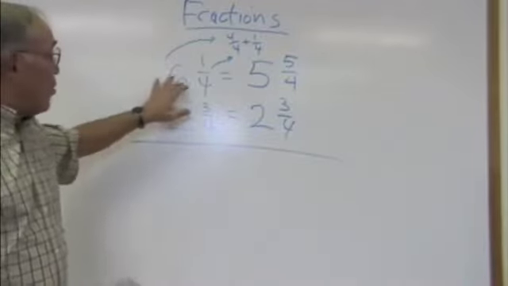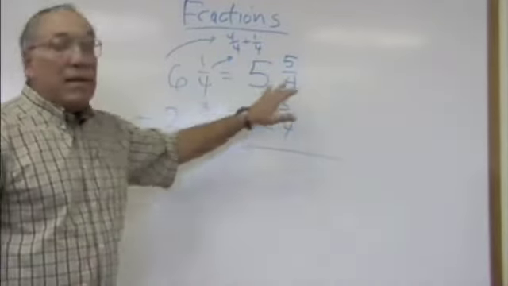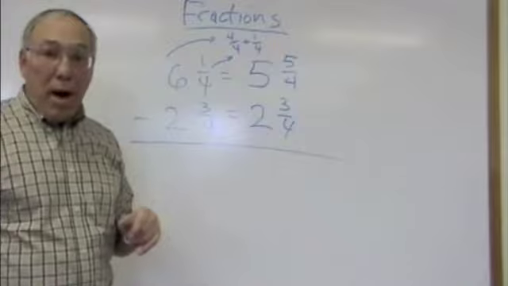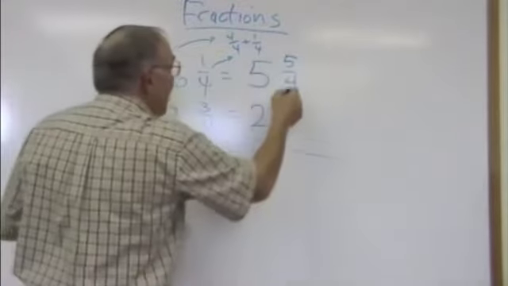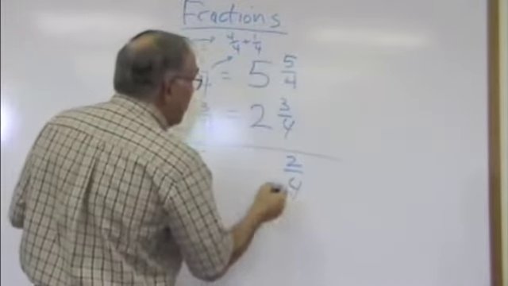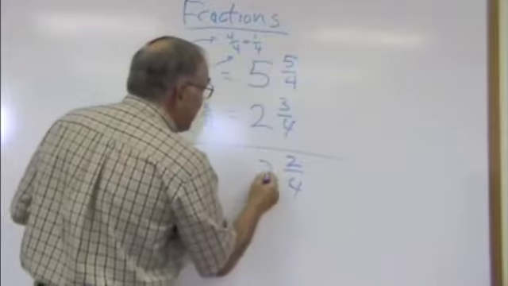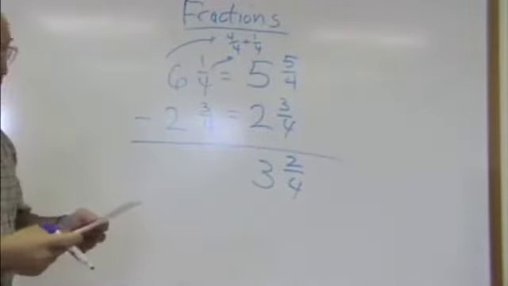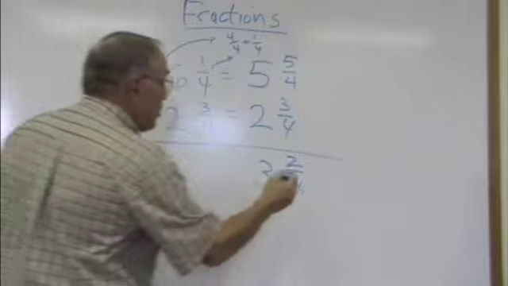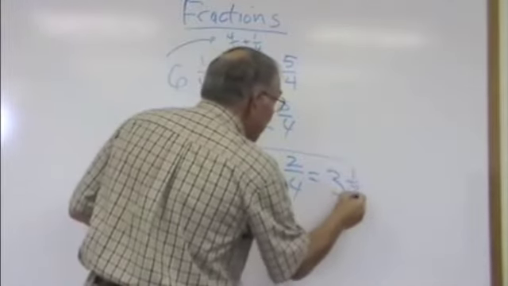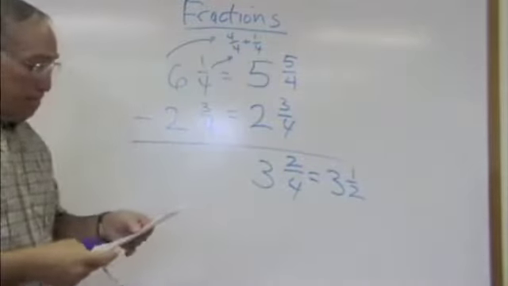So $6 and 1/4 is the same as $5 and 5/4. Little borrowing. Now we can just subtract. 5 minus 3 is 2, 2/4. 5 minus 2 is 3. That's 3 2/4. Again, we're going to reduce to 3 1/2.